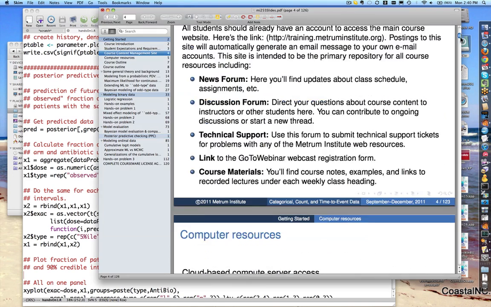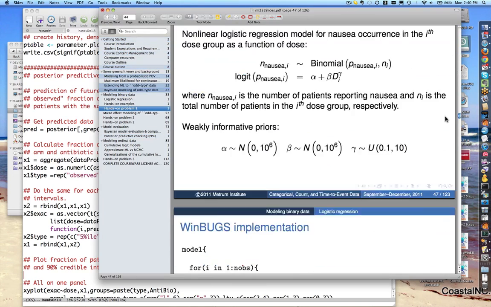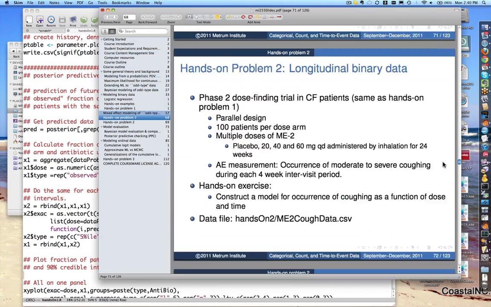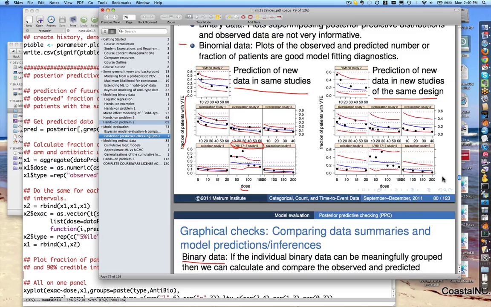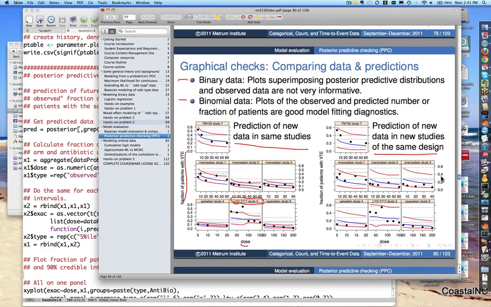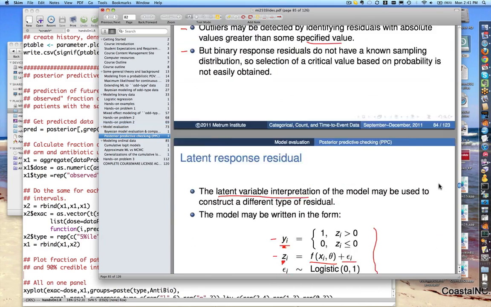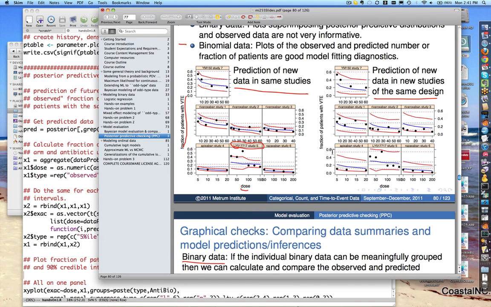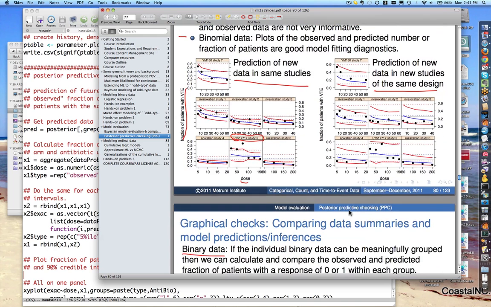Excuse me while I get this back where I want it. Okay, just wanted to get back to that screen. Oh, not that screen.